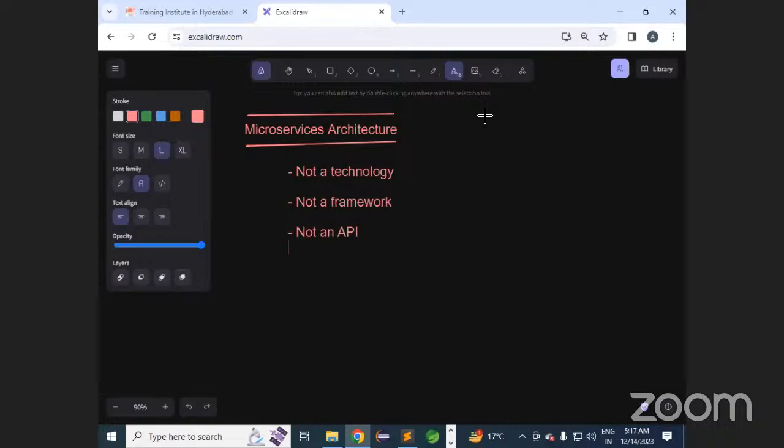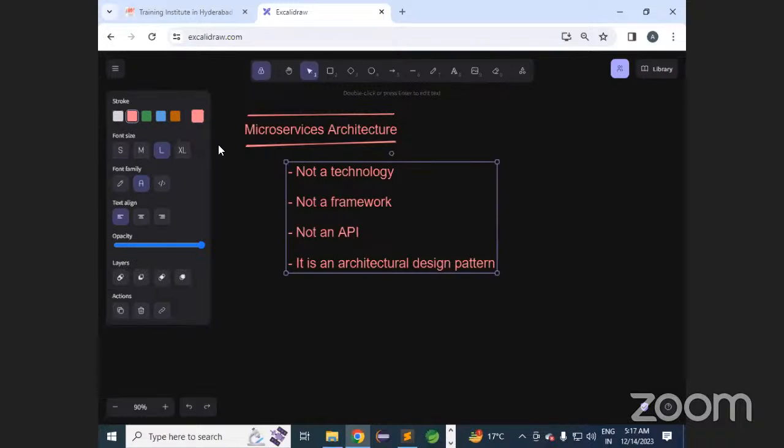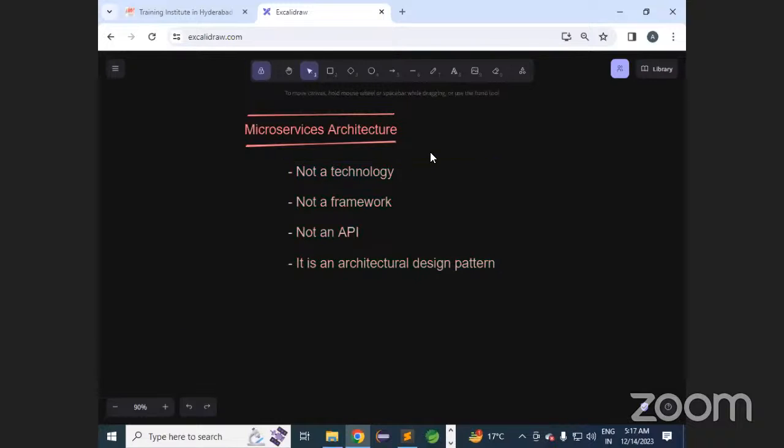Then what is a microservice? It is an architectural design pattern. Microservices is nothing but an architectural design pattern. This pattern is not only for Java.